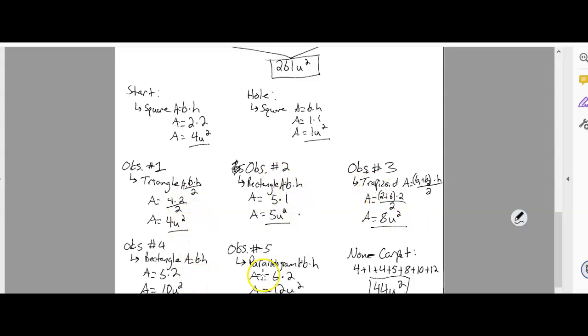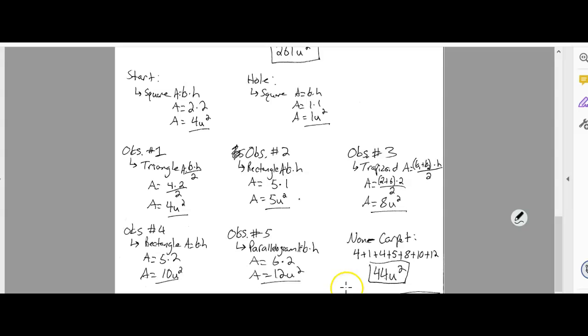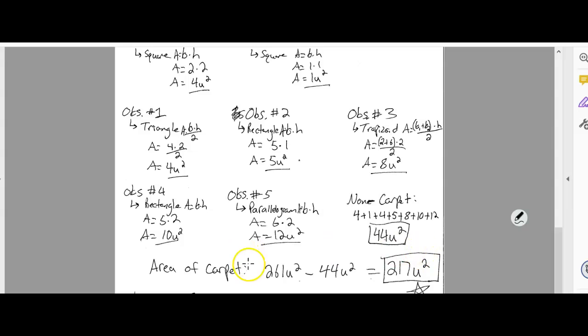I did that for every single one of these. Then I found the area that does not need carpet, which is right here. And that is 44 units squared. I will take the area of the carpet, the whole thing, minus the area that does not need carpet to get my final answer.